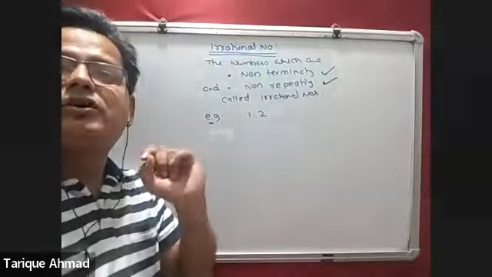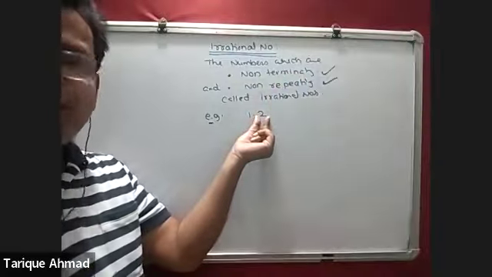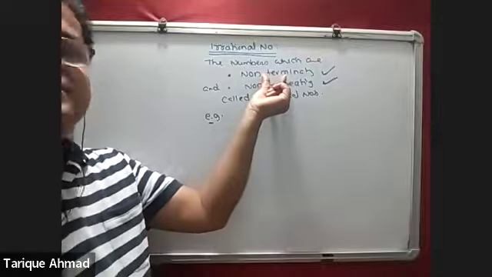Right? Now, 1.2. 1.2 is not irrational. How do you know that it is not irrational? Because it's a terminating decimal. Correct. It fails here. It terminates. But for a number to be called irrational, it must be non-terminating. So it fails in the first condition.